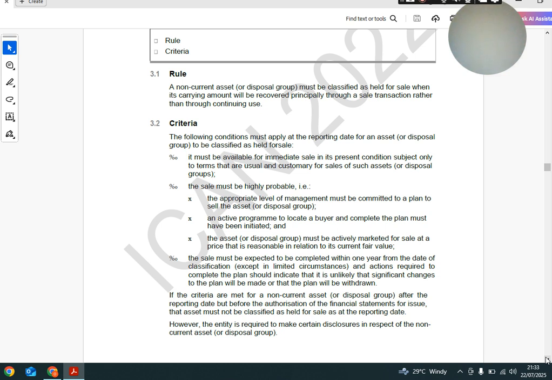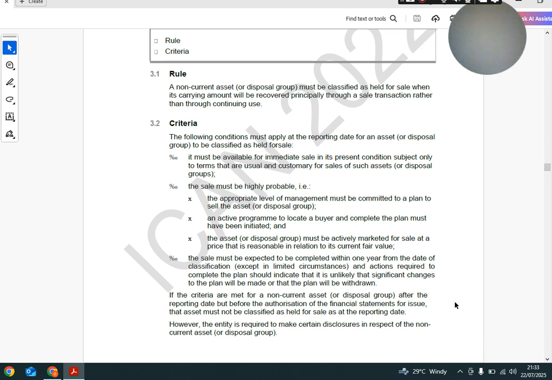Number 2, the sales must be highly probable. This is subdivided into 5 conditions. Before you can say the sale is highly probable, these 5 conditions must be met. Are you following? Yes, sir.